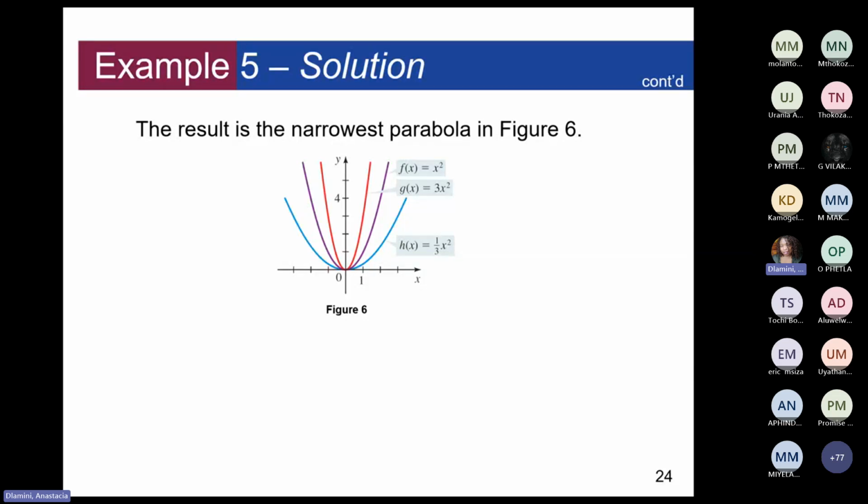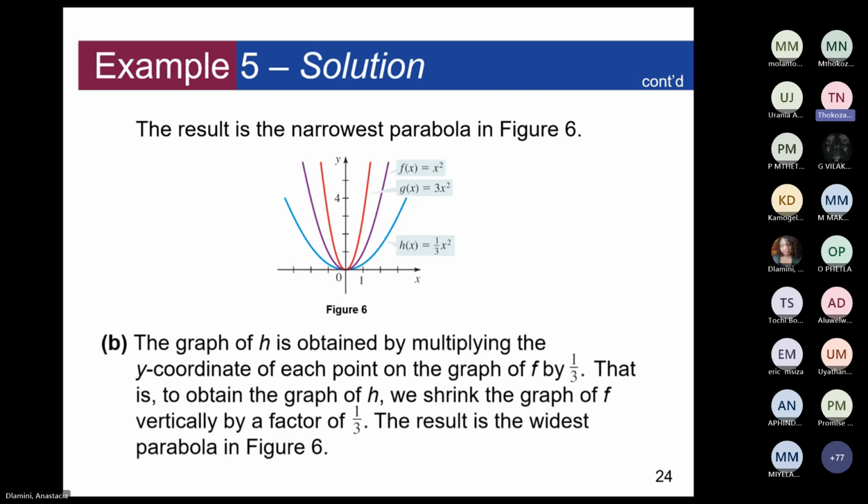So the purple graph is the mother function or the parent function. Because we stretched it, the red one now becomes the 3x squared function. Now when you sit on a balloon or press the balloon, it becomes wider. Therefore, h of x is equal to 1/3 x squared. Are we sorted? Yes.